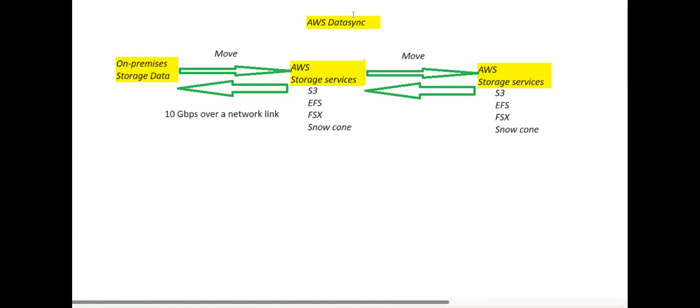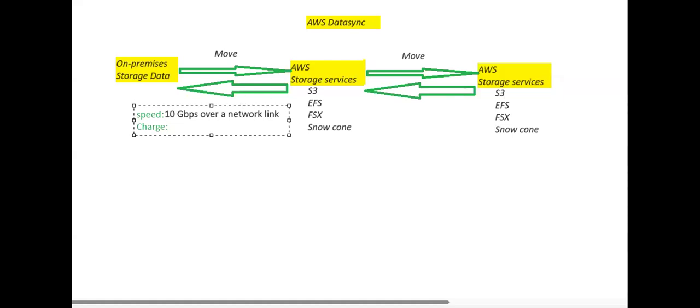Specify your source endpoint and your destination endpoint, and perform your migration task by using DataSync so that your data is moved at up to 10 Gbps over a network link. So this is about speed.